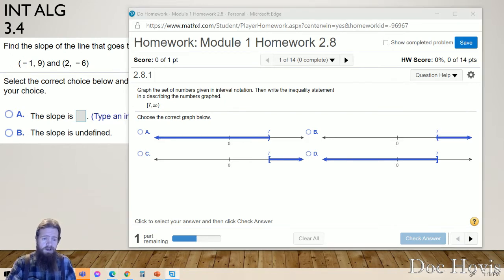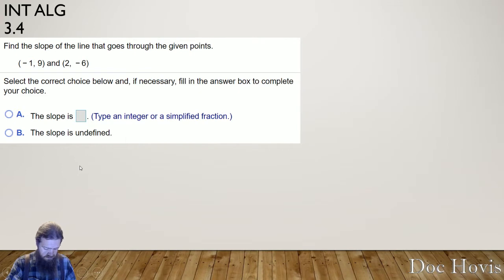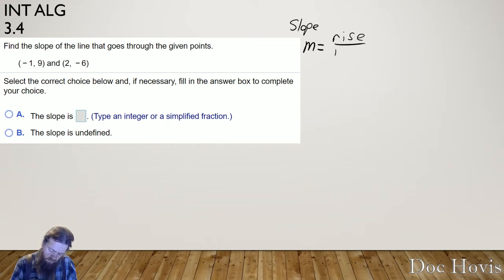So what we're going to do here is today's work, and so let's take a look at this. M is our slope. That's the letter we use for slope is M. That's going to come back several times. And M is rise over run. And rise, that's the thing that goes up and down.